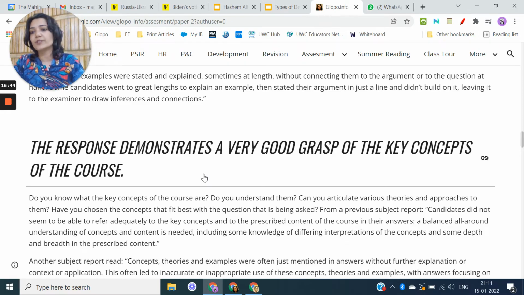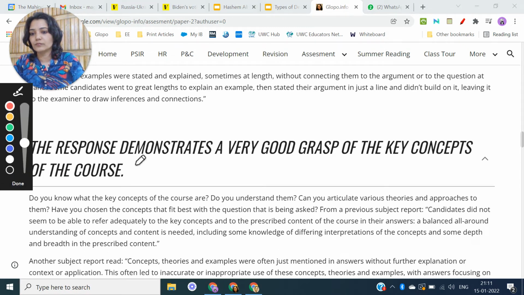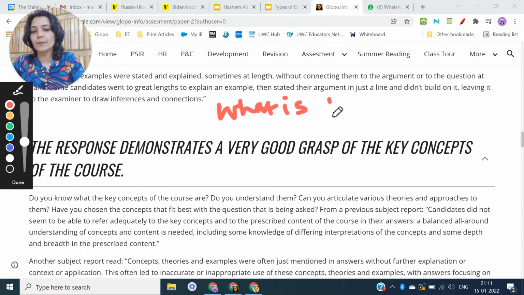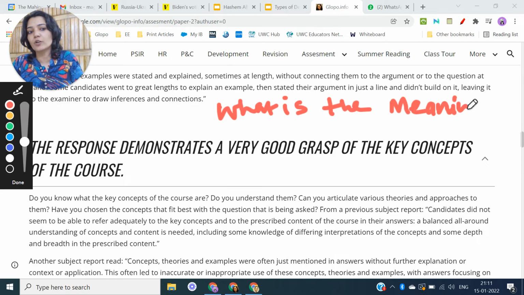Now one point I would like to make here: do not write the meaning of the key concept.